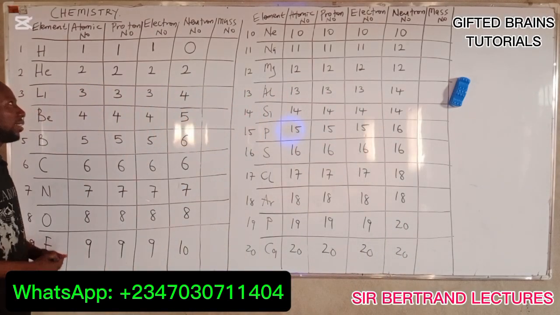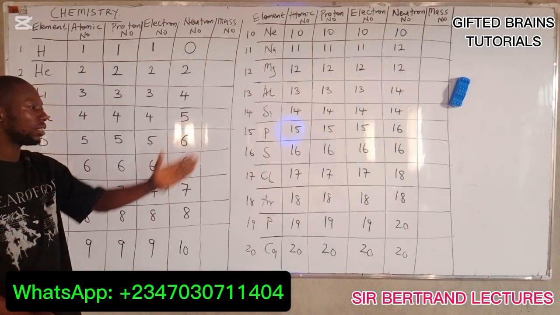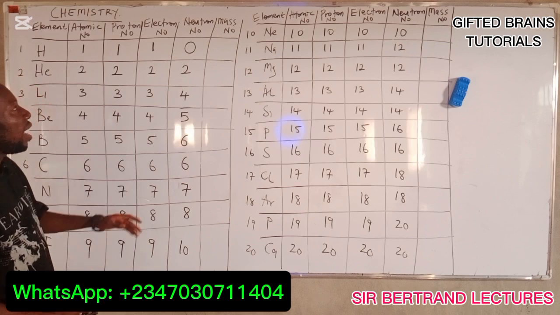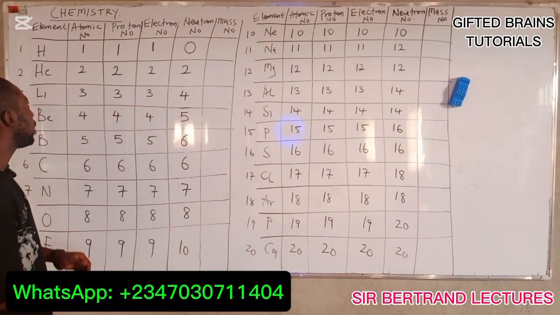All right? These are the neutron numbers of different elements for the first 20 elements we have here on the board. Now, let's look at the mass numbers of these elements we have on the table.